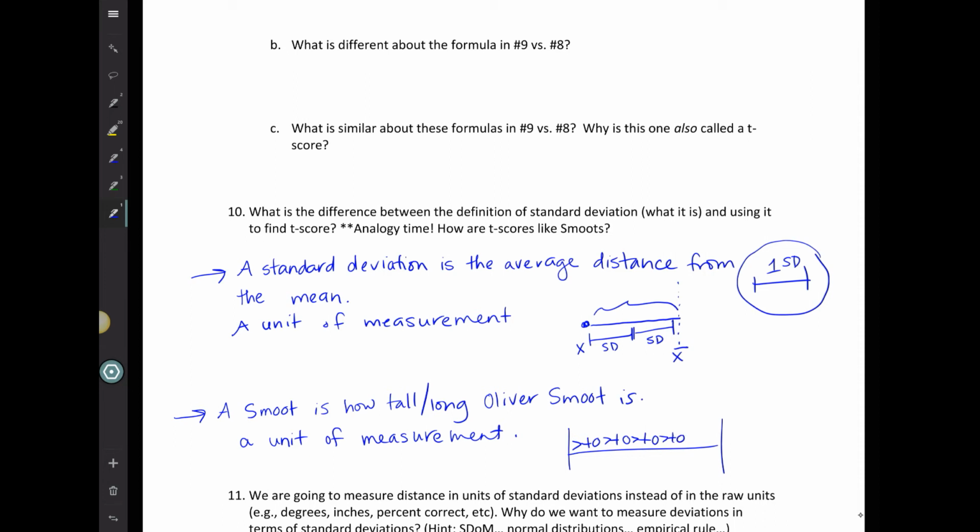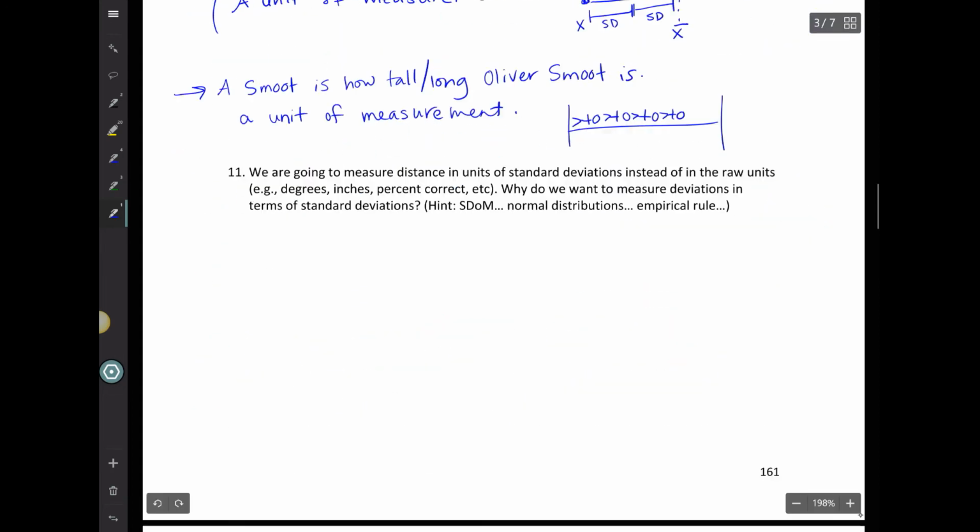So our t-scores are going to tell us a distance in terms of how many standard deviations fit in that distance. Okay. We're going to measure distance in units of standard deviations. That's what I just said. Instead of in the raw units.